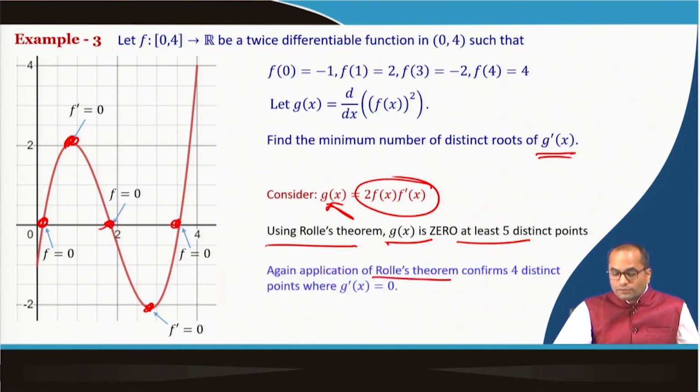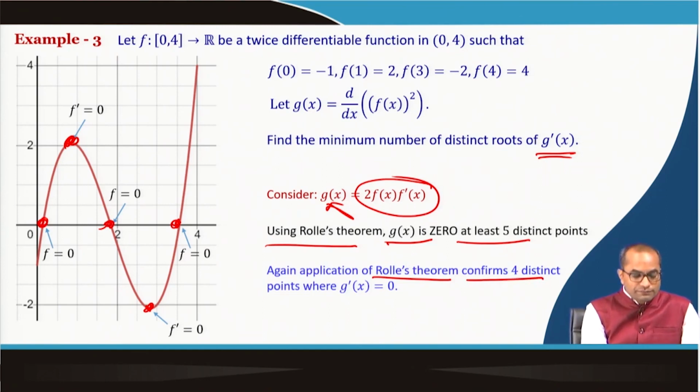By the application of Rolle's theorem, it confirms the 4 roots of the derivative. Why 4 roots for g'? Here the g is 0, here also g is equal to 0 at this point. Then if we apply Rolle's theorem, there will be a point in between where g' will be 0. Then we apply between these 2 points, again we will find that g' is 0. We apply again at this and this point, and again g' is 0, and then at the end this point and this point, and g' is 0.